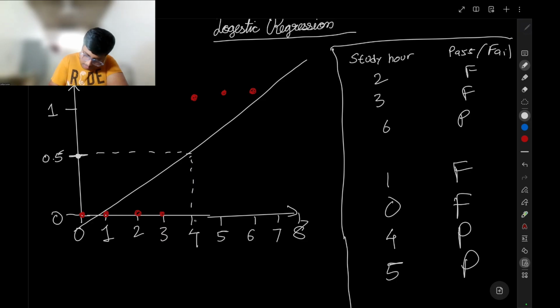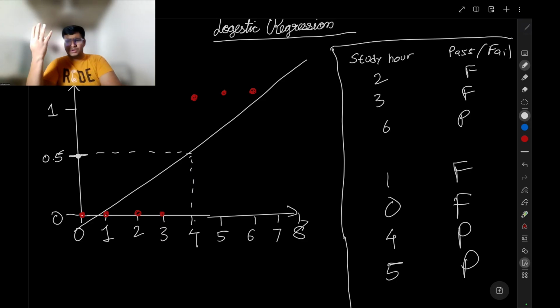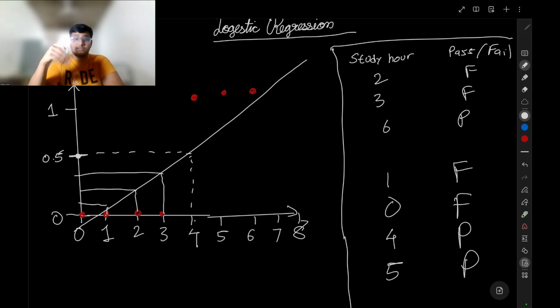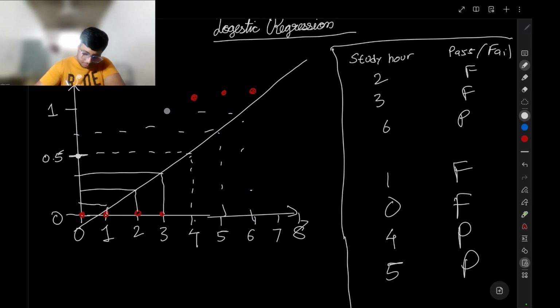Each point that lies below this 0.5 point, for example 1 here, 2 here, 3 here, we can denote as fail, and the points that are 0.5 or more than that, we can denote as pass. For example, this point, this point, this point. By following the same linear regression algorithm, many of you can think like this.